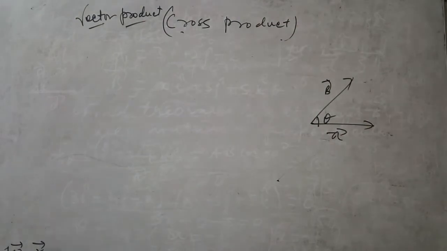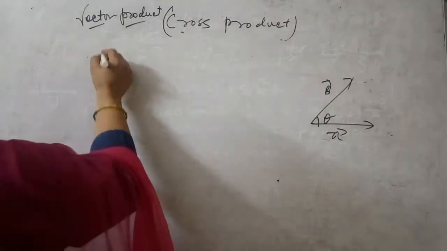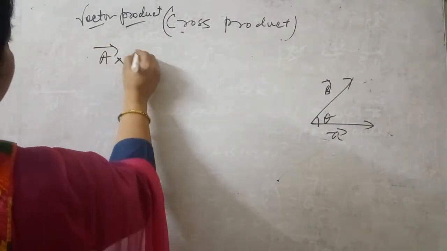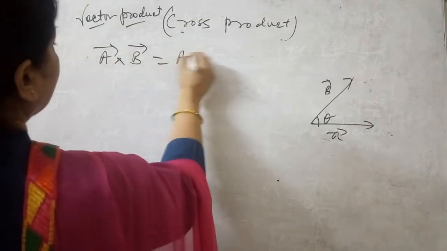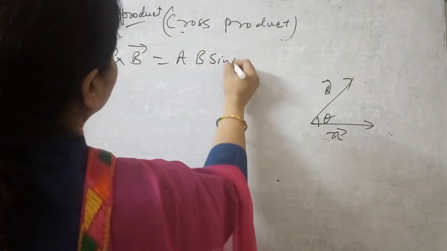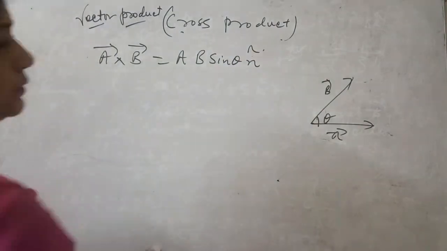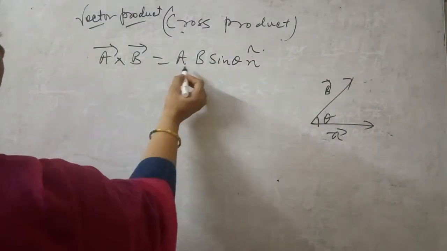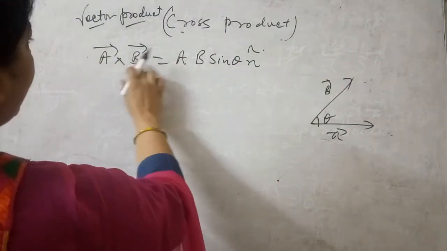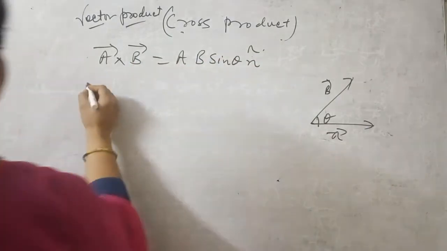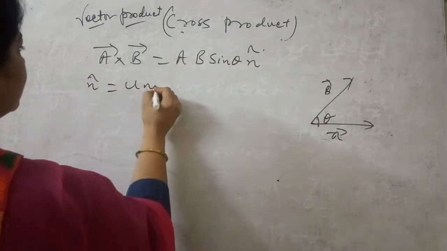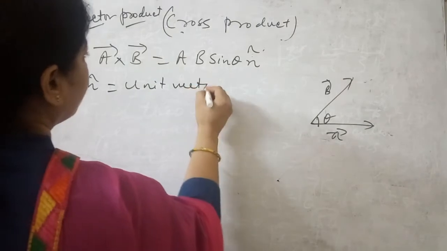According to the cross product, we write A vector cross B vector is given as AB sine theta into n caret. Here A is the magnitude of A vector, B is the magnitude of B vector, and n caret is the unit vector, and this gives the direction.